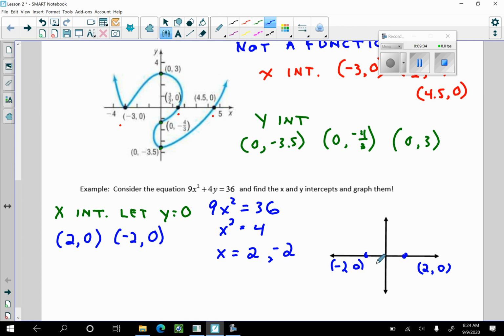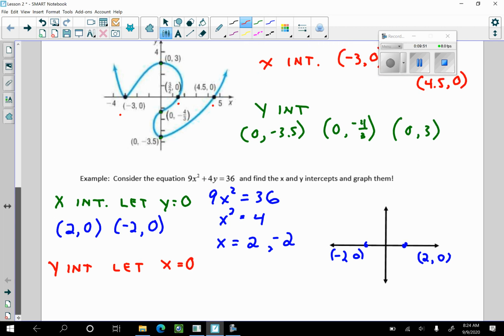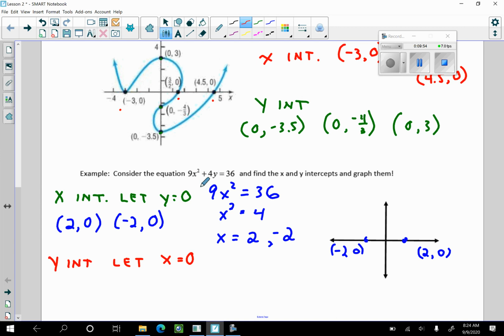Next up, we will find the y-intercept. And we find a y-intercept, you'll know, by let x equal 0. So if I let x equal 0, I simply have the equation for 4y is equal to 36, and y is equal to 9.